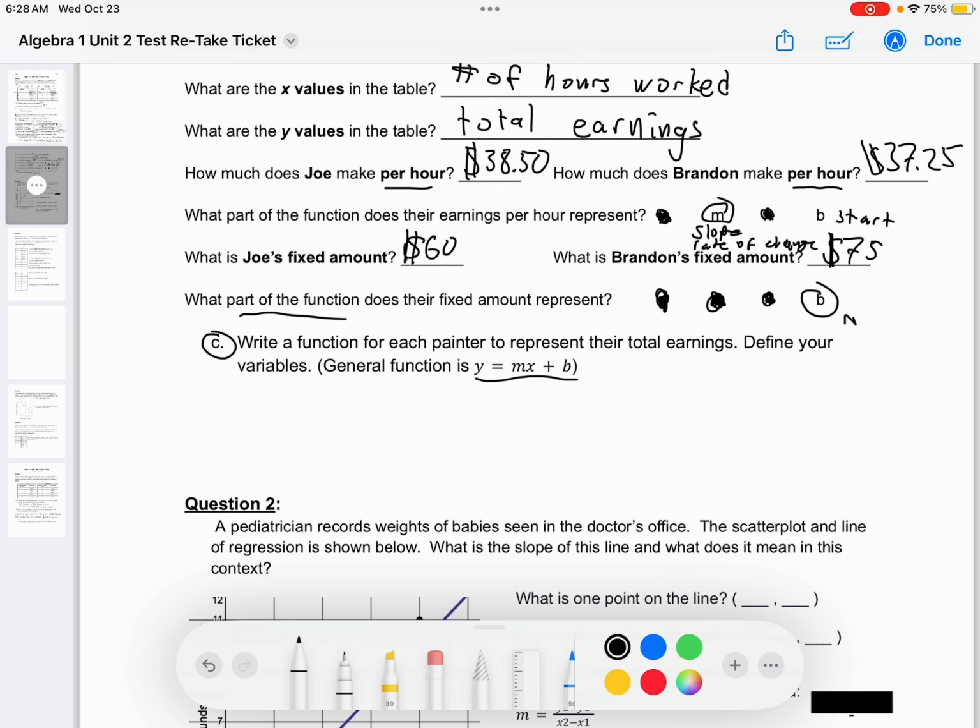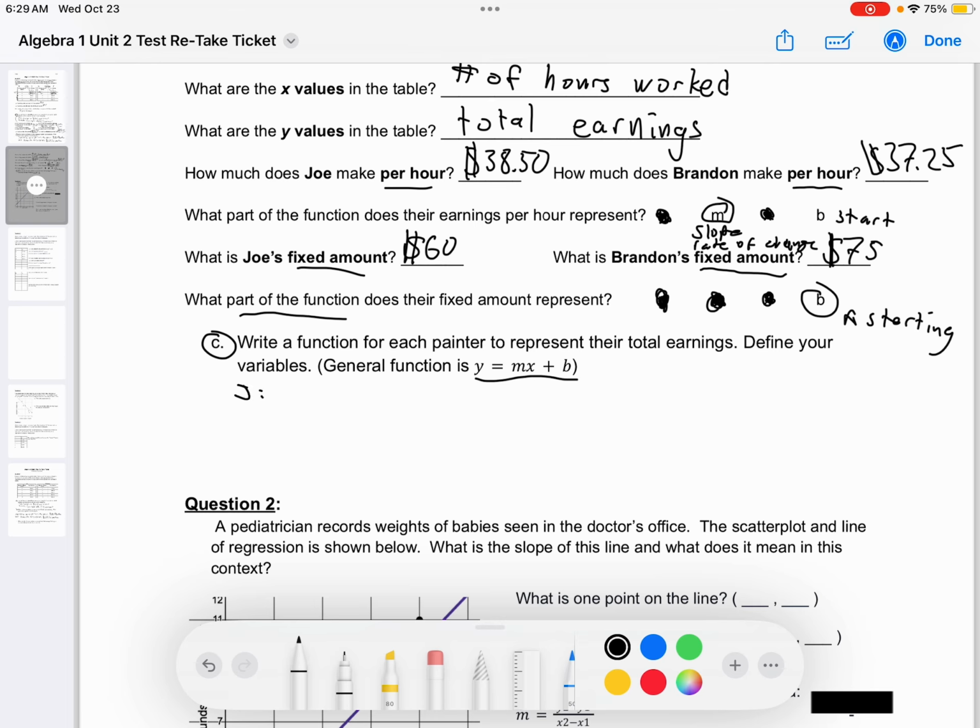And that makes sense too, because b is supposed to be the starting point. So their fixed amount, the amount that they charge you before they start working, that's their starting point. So we can put all this information together to make a function for Joe and Brandon.